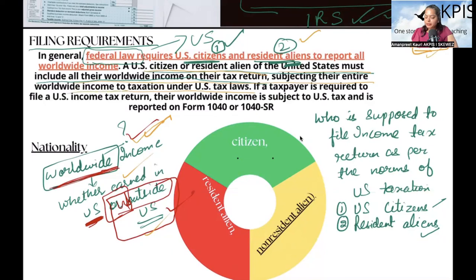If a taxpayer is required to file a US income tax return, their worldwide income is subject to this, and it is reported on Form 1040 or Form 1040 SR.